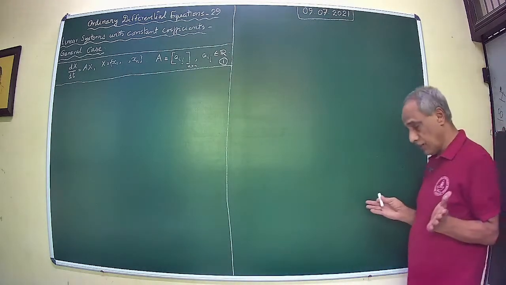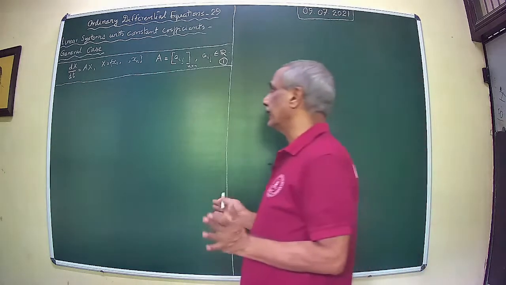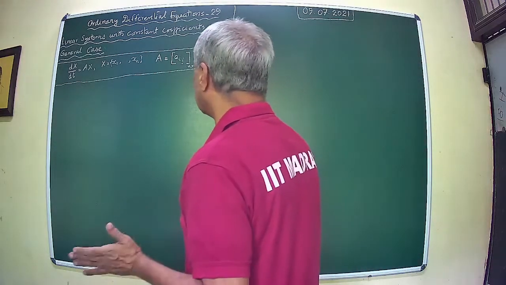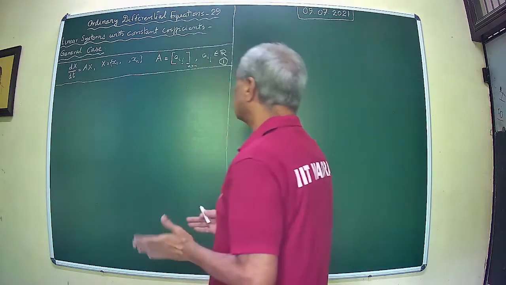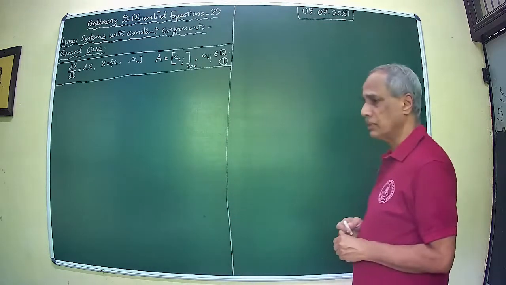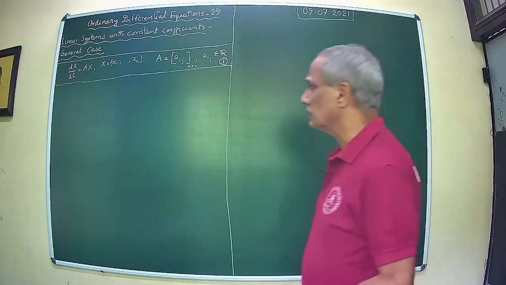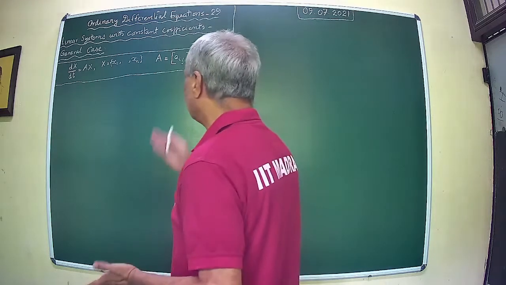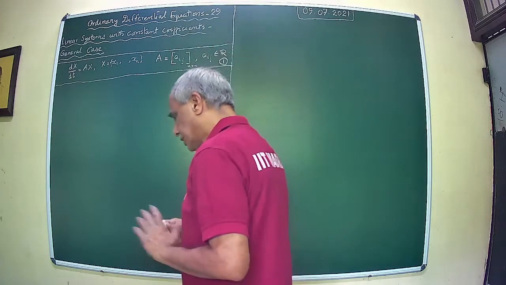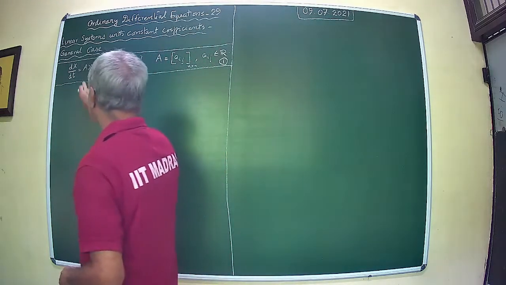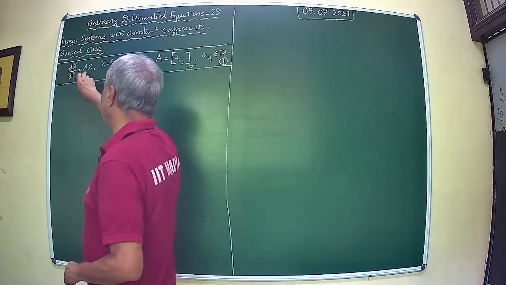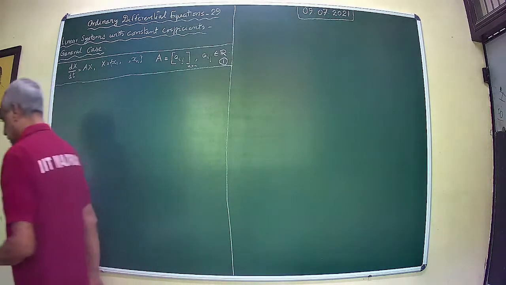We continue with our discourses on ordinary differential equations. What we did last time was to consider linear systems with constant coefficients, the homogeneous linear systems, where we assumed the matrix A is diagonalizable.